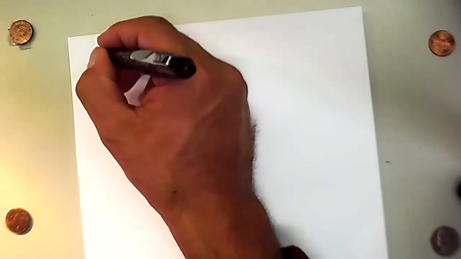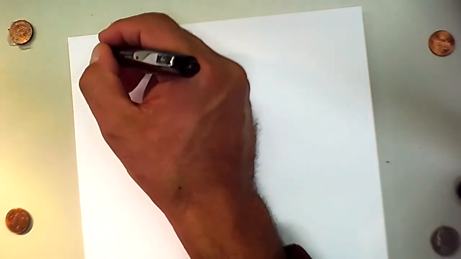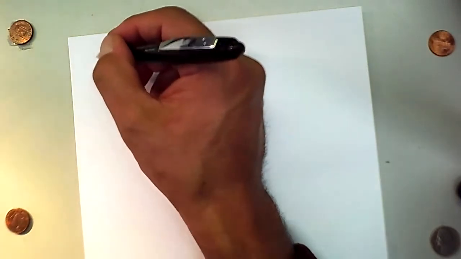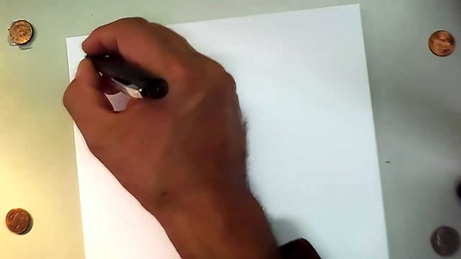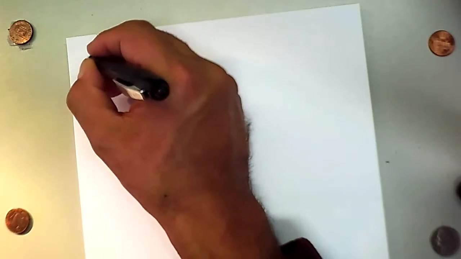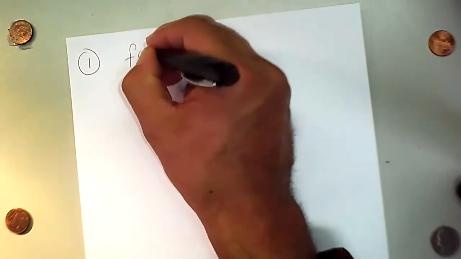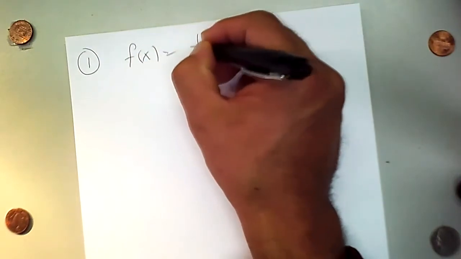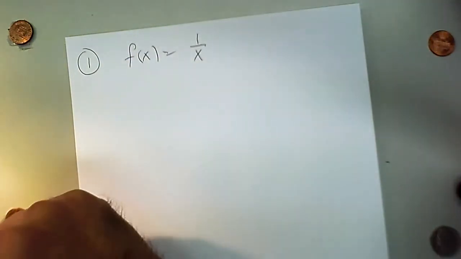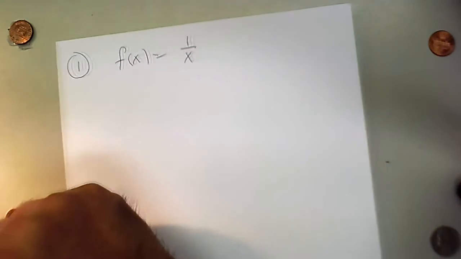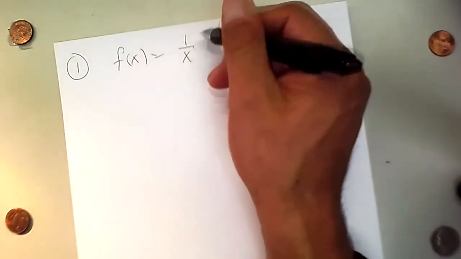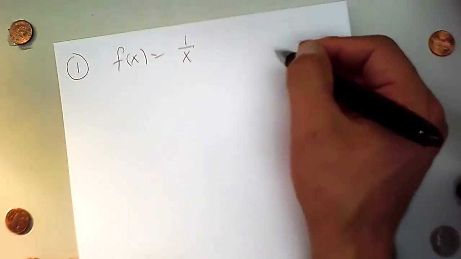But it is more interesting to see rational functions that are not polynomials. A simple example is f of x equals 1 over x. This is one of the simplest true rational functions, in the sense that it is not a polynomial at all.